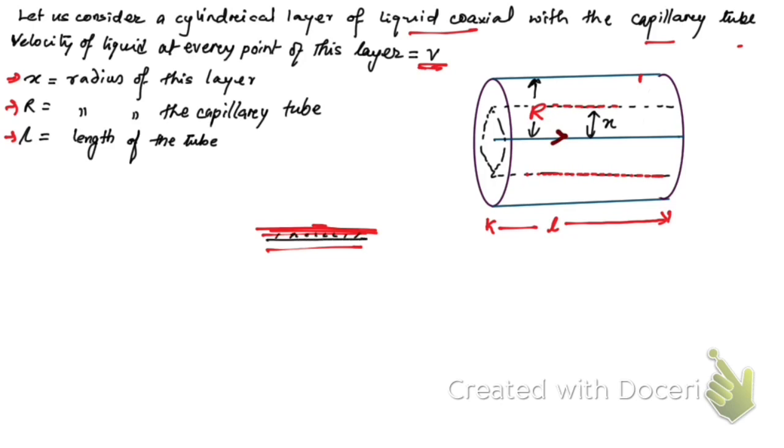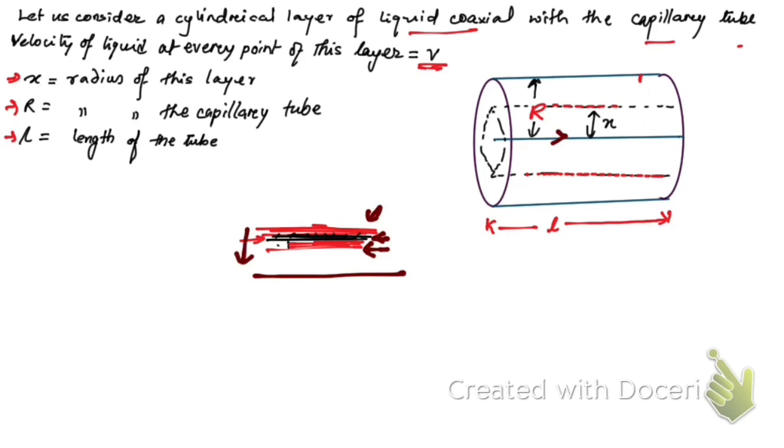Because of viscosity, this layer will be slower than the layer above it.